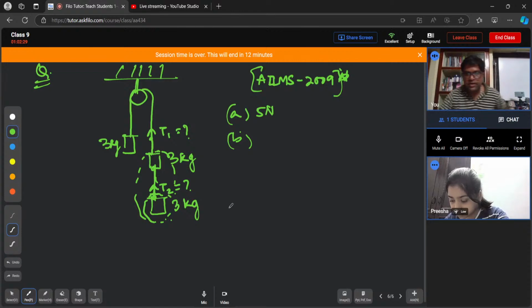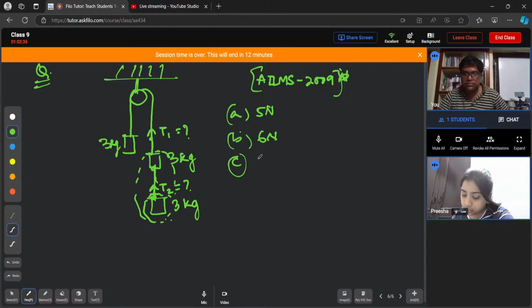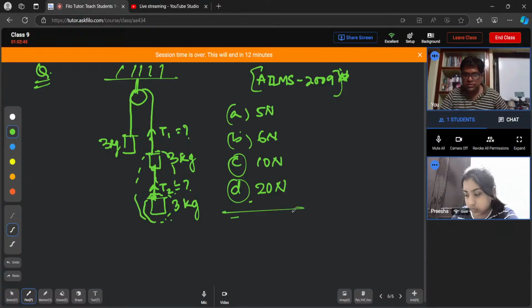The options are 5 Newton, then 6 Newton, then 10 Newton, then 20 Newton. Right? So try to solve it.